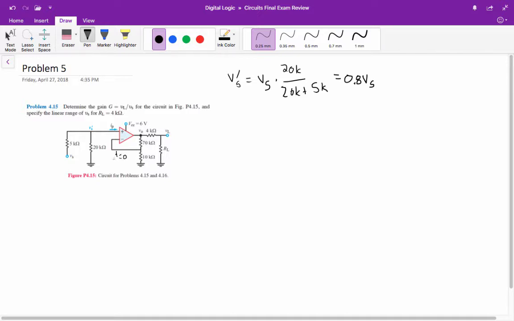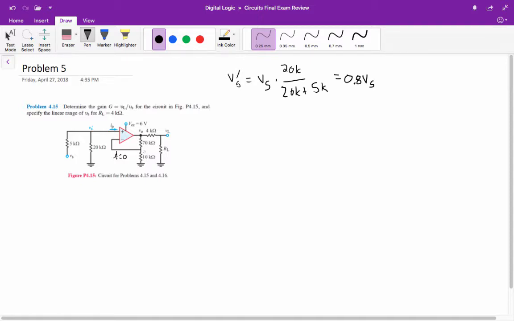And since the current here equals 0, any current has to be flowing through here, and the potential will be the same everywhere here. And we actually know what that potential is. The voltage we just found for VS prime is 0.8 VS. So this also has to be 0.8 VS. But it's also midway between VO and ground.